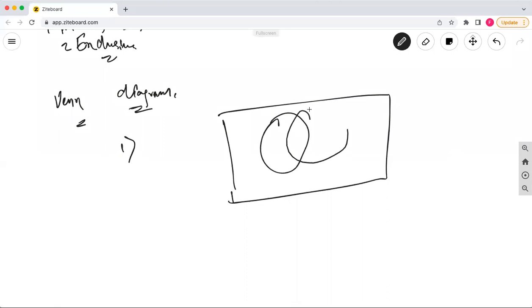That means there must be some overlap between them. If this is A, this is B, and their overlap portion is 3, this is 2, and this is, for example, 4. And if I see this, A is equal to 5, B is equal to 7.